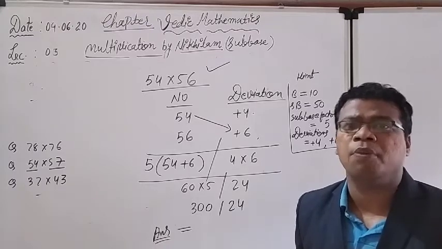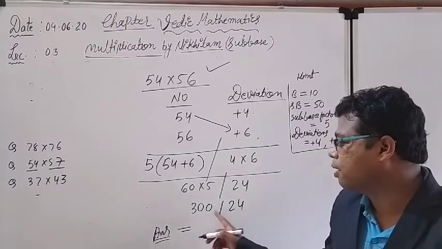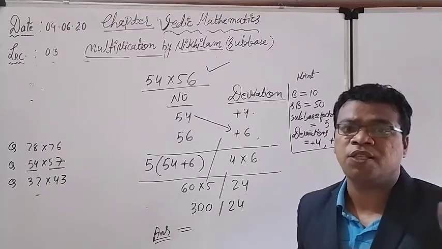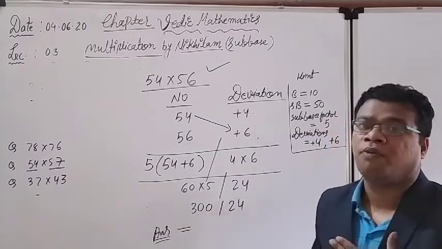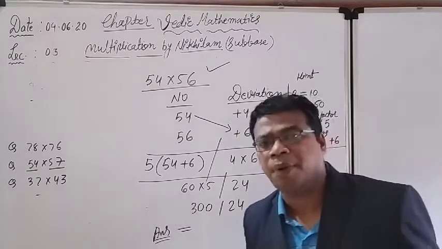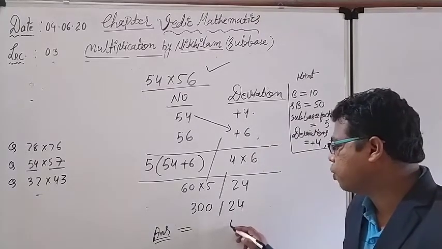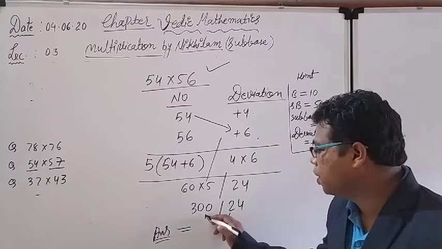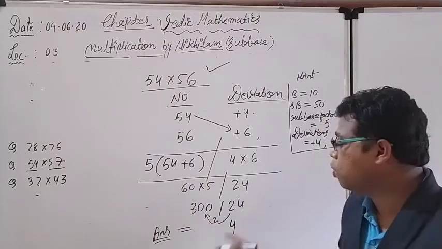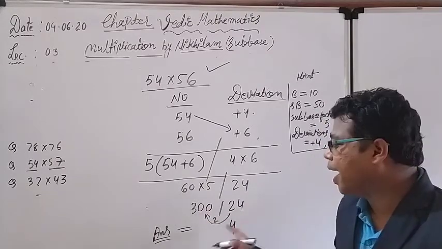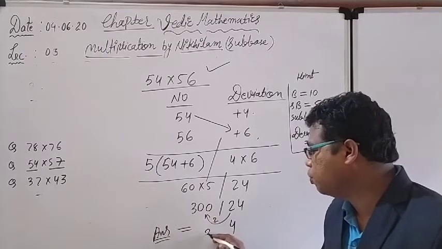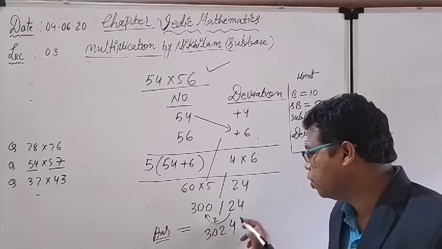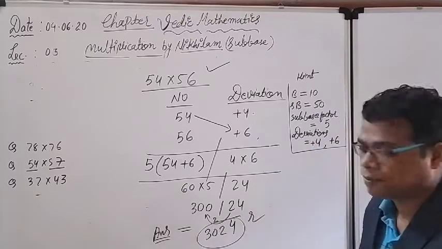So according to the number of zeros, we have to select the digits. So 10 will show me I have to select only one digit from each part. So that's why I am going to select only 4 here, and that 2 will be the carry forward. That 2 I have to carry forward and add with the left hand number. So 300 plus 2 will give me 302. So this is my answer.